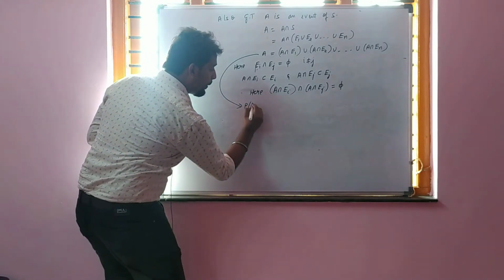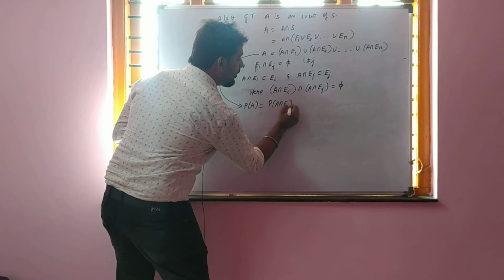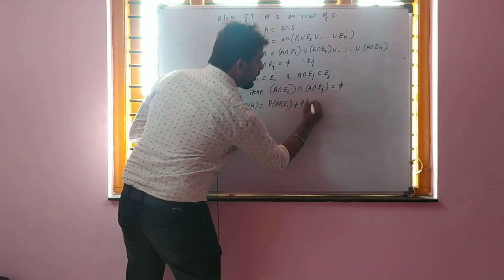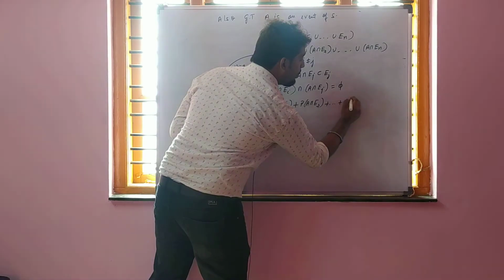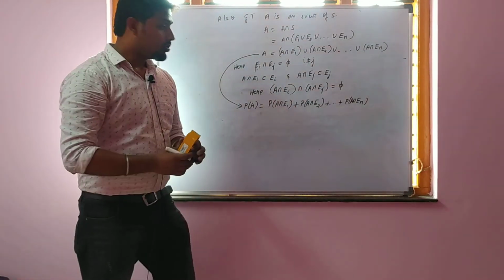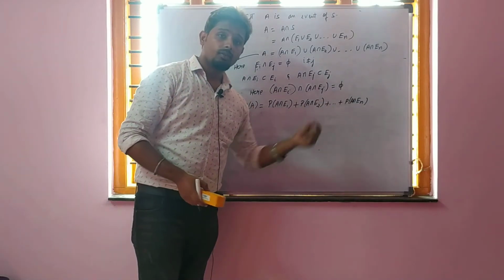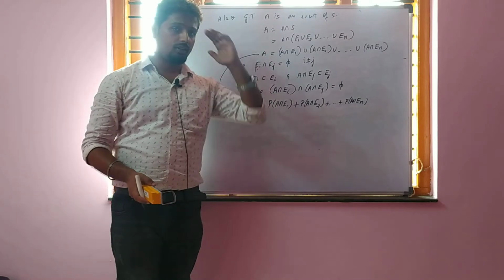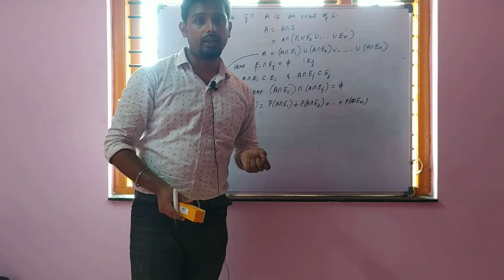That is, P of A equals P of A intersection E1 plus P of A intersection E2 plus and so on up to P of A intersection En. Now you saw intersection here, right? When it comes to intersection, immediately we need to think about the multiplication theorem of probability.